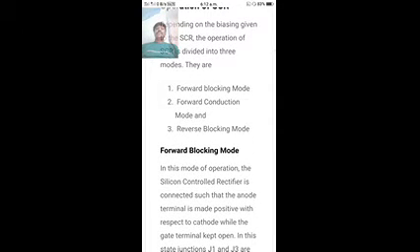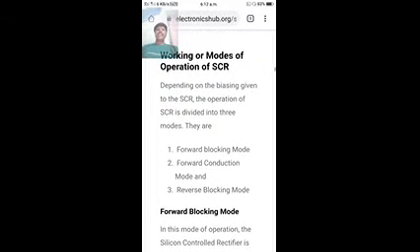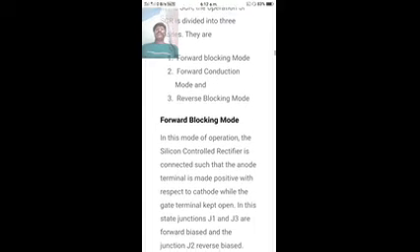Let us see what is forward blocking mode. That is the operation, the working modes of SCR. There are 3 working modes of SCR: forward blocking mode, forward conduction mode and reverse blocking mode. What is forward blocking mode?